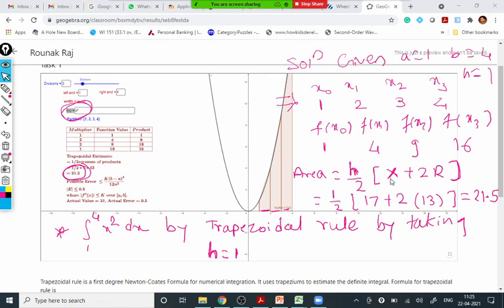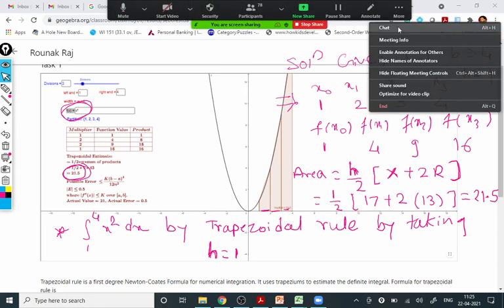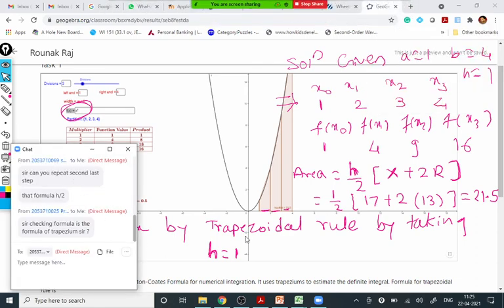Okay, and 2R means 2 into the sum of remaining ordinates. 4 plus 9 is 13. Is it clear? X is the sum of extreme ordinates and R is the sum of remaining ordinates, and that is 21.5. So this is the answer.